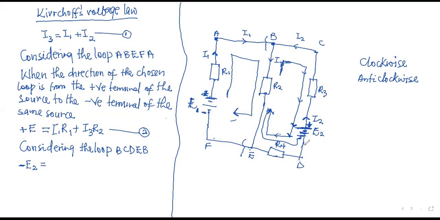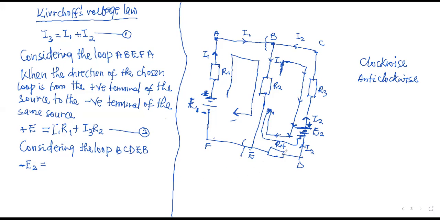The current I2 is what is produced by E2. It will go and then enter into the negative terminal. So it is I2 which is actually flowing through R4, because I2 will leave the positive, go and then come and enter through the negative. So I2 is what is actually flowing through R4.